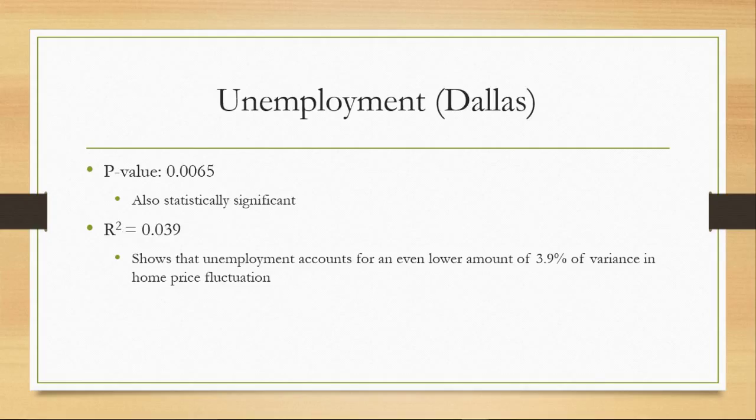Finally, Dallas had a p-value of 0.0065, which at a 95% confidence level is also statistically significant, which means that there's a relationship in Dallas as well. This has an even lower R-squared value. It only accounts for 3.9% of the variance, which is a third of Seattle's.